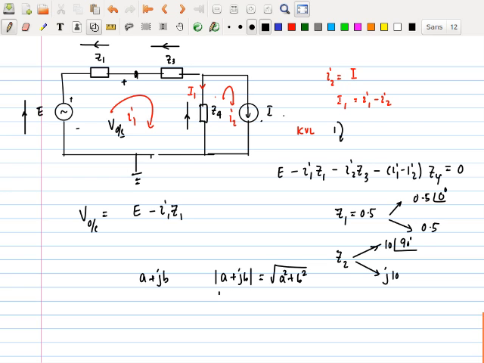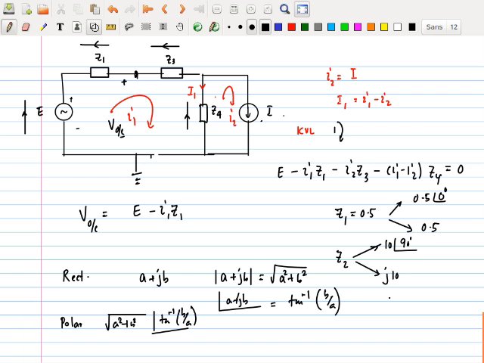Then the angle of A plus JB is equal to the inverse tan, or arctan, of B over A. And if you want to convert this rectangular format onto polar format, it will be the root of A squared plus B squared, with an angle of tan inverse of B over A.